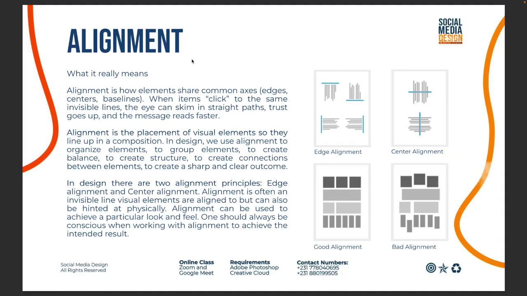Center alignment is often an invisible line that visual elements align to but which can also be hinted at physically. Alignment can be used to achieve a particular look or feel. One should always be conscious when working with alignment to achieve the intended result.